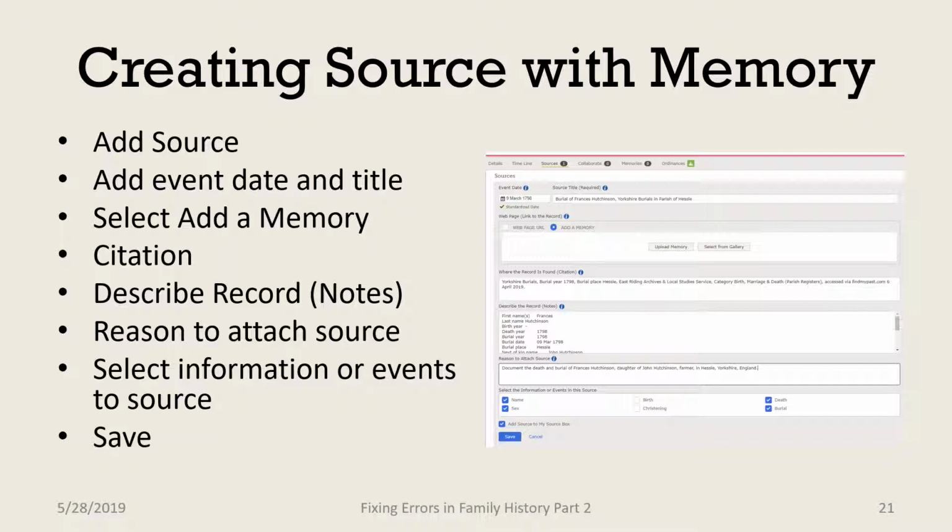I select Add a Memory and I select Upload Memory if I have not uploaded the file yet, or select from Gallery if the file was already uploaded. I add a citation that describes when and where I found the record.